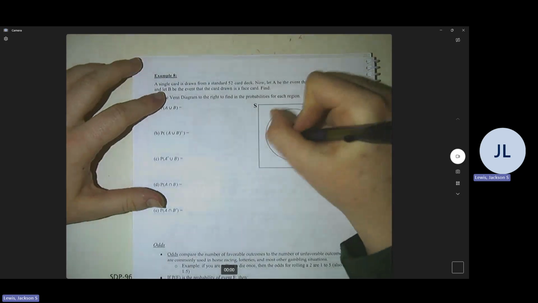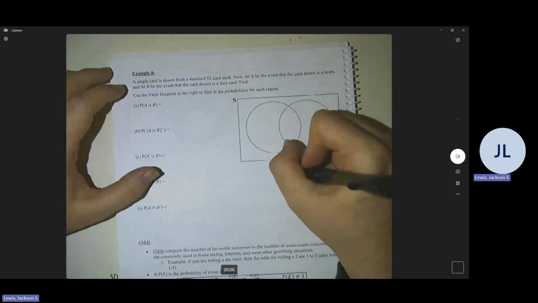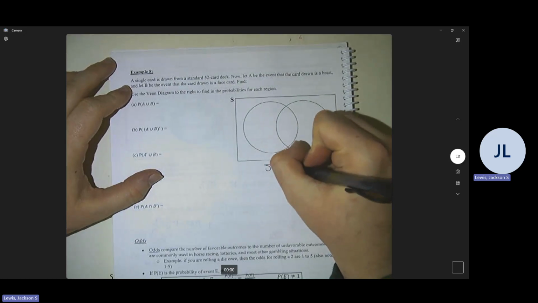It says here, a single card is drawn from a standard 52 card deck. Let A be the event the card drawn is a heart, and B be the event that the card drawn is a face card. There's 13 total hearts here. And what are the face cards? The face cards are Jack, Queen, and King.